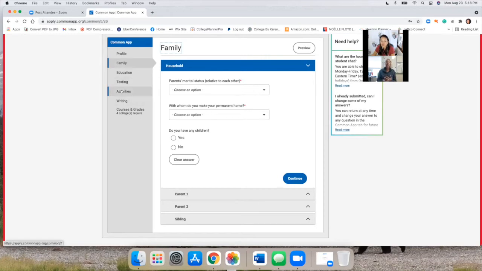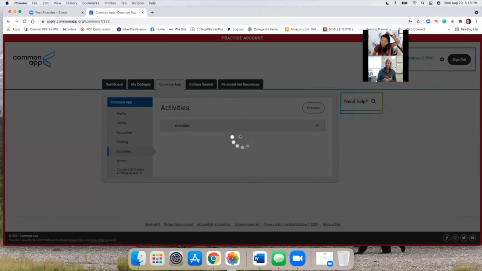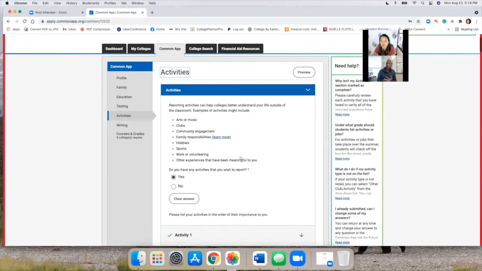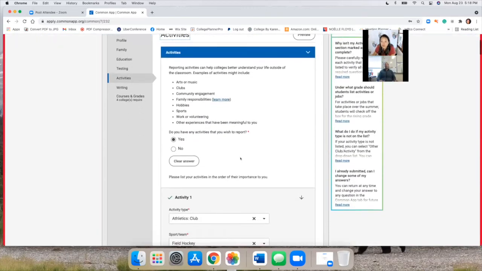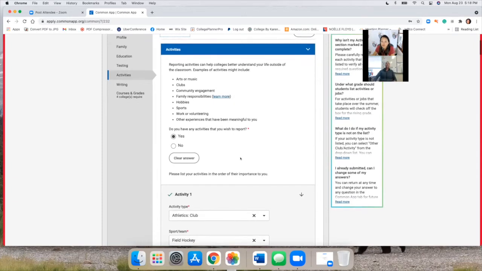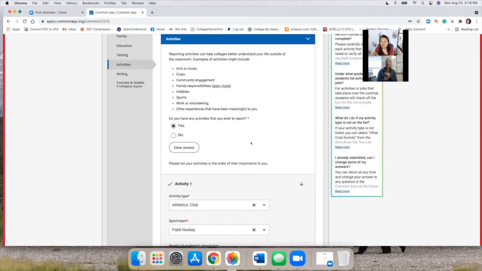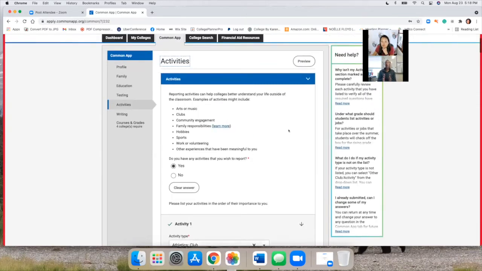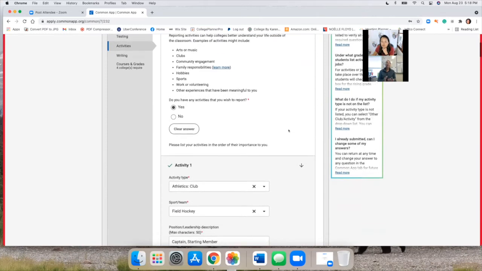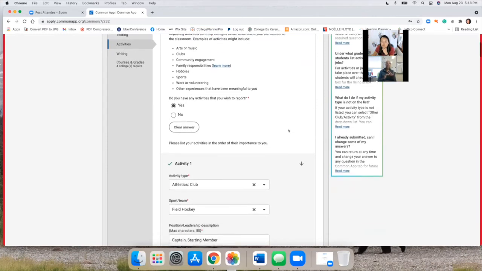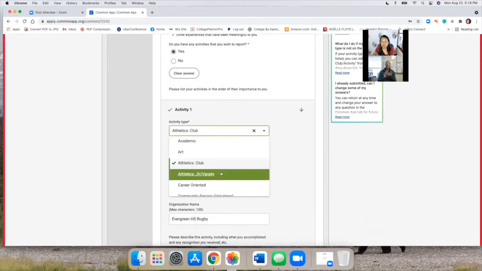So if you want to swing to activities, Karen. Yep. Activities is always an interesting section because you have options. This is where you're going to be able to add up to 10 activities that you participate in. You can add clubs, sports, you can add your work.